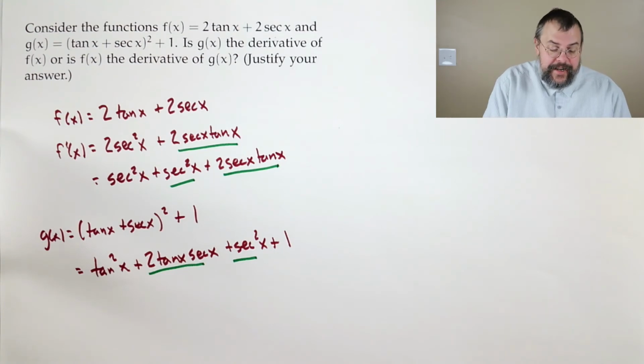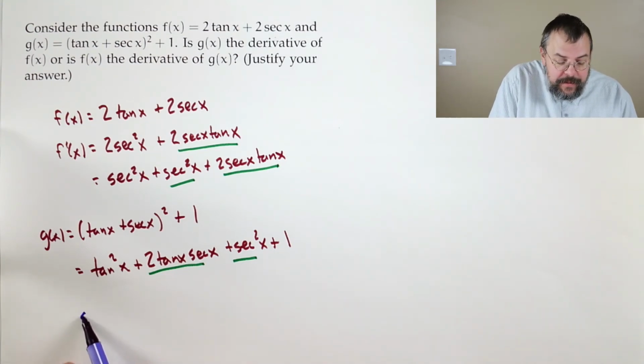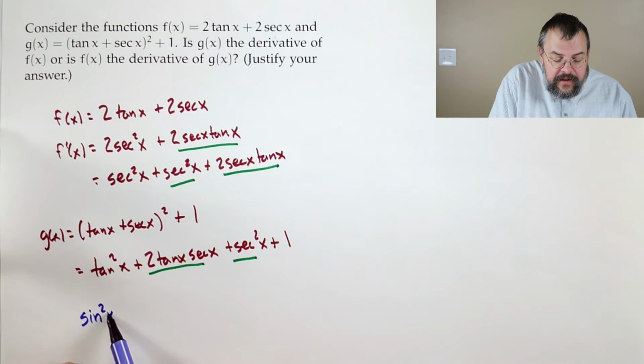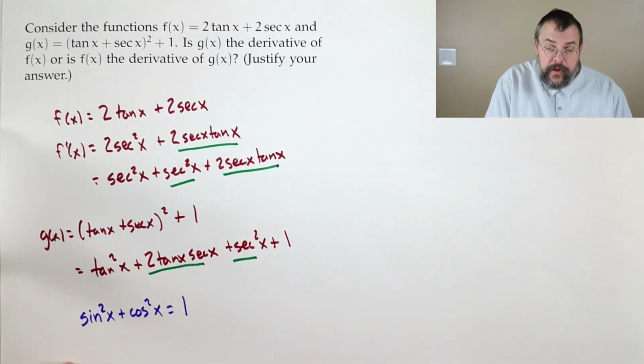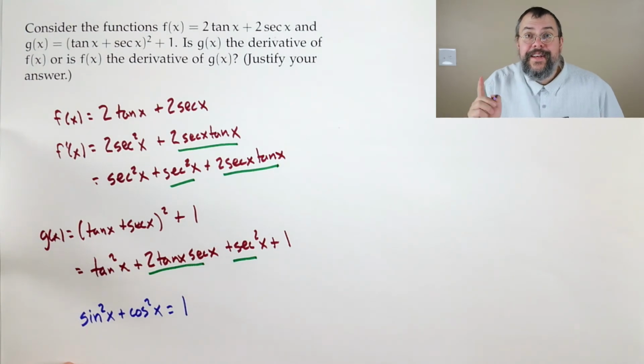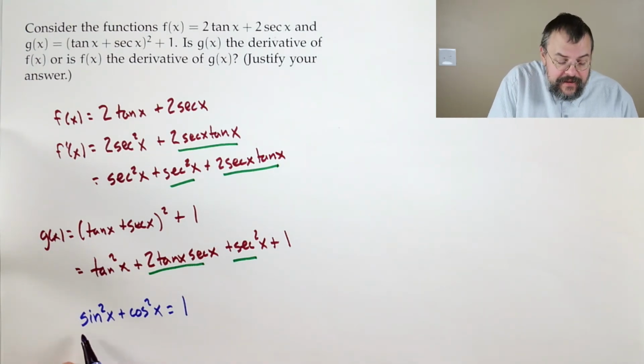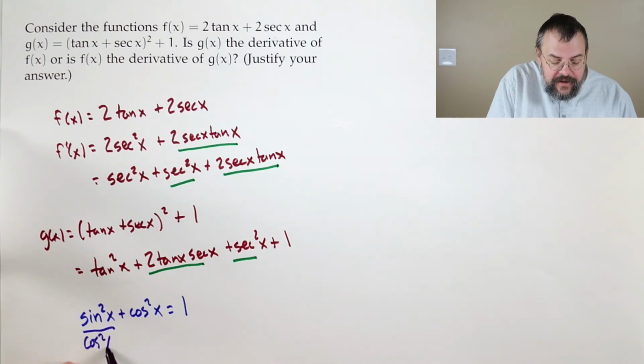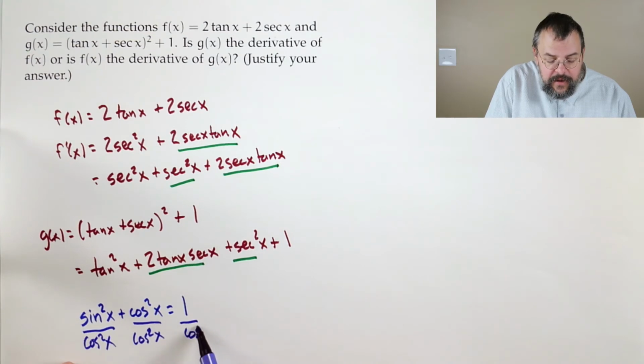There's a cool identity, and it's the following. We'll start with the one you're probably more familiar with. Sine squared plus cosine squared equals 1. I think we all know that one. Now divide through everything by cosine squared.